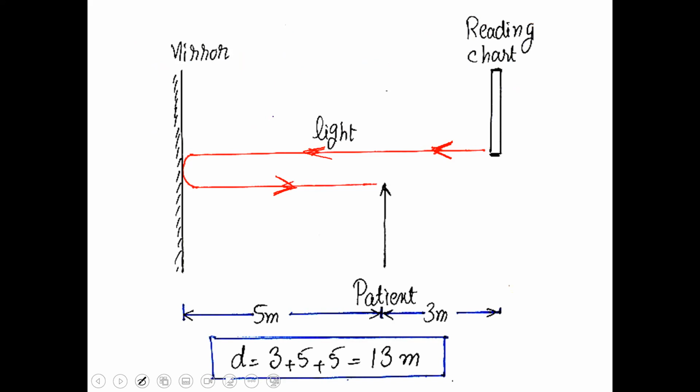Now the patient will feel that the light has traveled 13 meters. So the patient will feel that the chart is 13 meters in the mirror. This is the concept of distance from the mirror. You have to copy this.